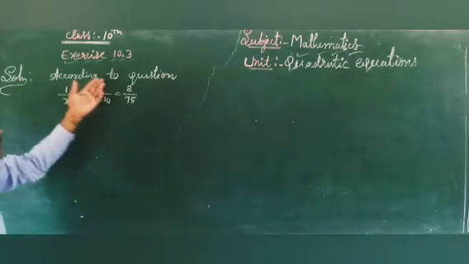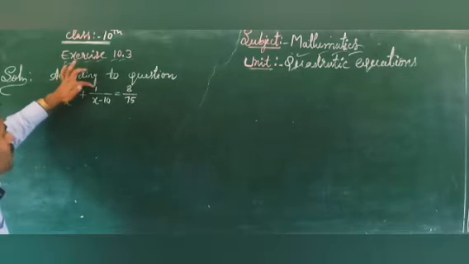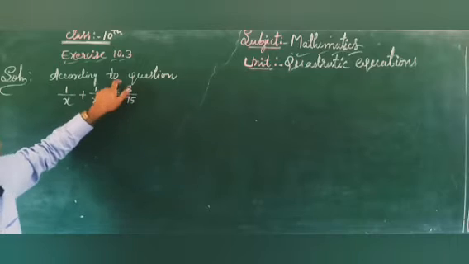According to the question, we write 1 by x plus 1 by x minus 10 equals 8 by 75.